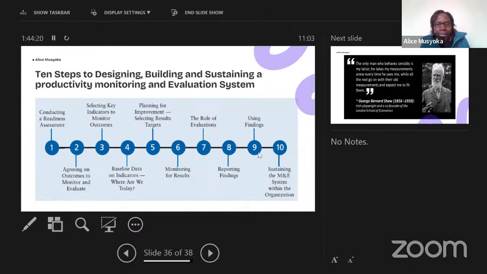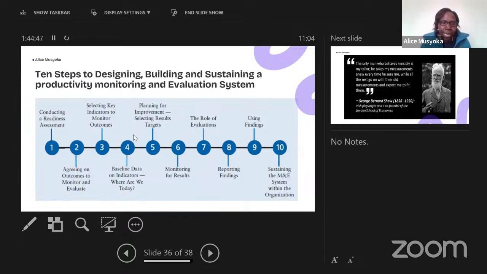When it comes to step number 9, we are talking about using the findings. And I think I've explained this. So we use the findings to take the necessary action, the corrective action, so that we are able to fill in the gaps that have been identified, or we are able to modify and re-engineer our processes.